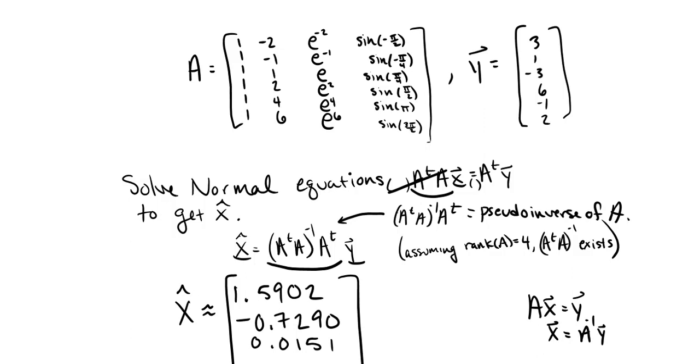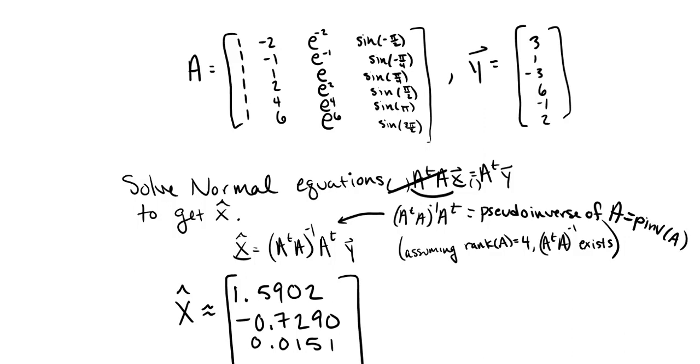Well, if there is no inverse, we can use this instead and get the closest thing to our solution, in this least squares sense. So we often call that big matrix that we multiply the right-hand side by to get our least squares solution a pseudo-inverse of A. Sometimes noted pinv of A.